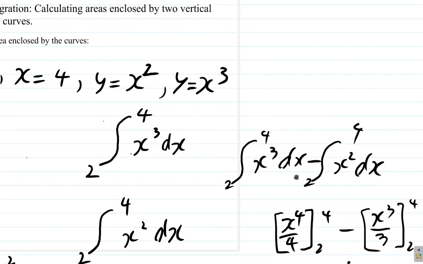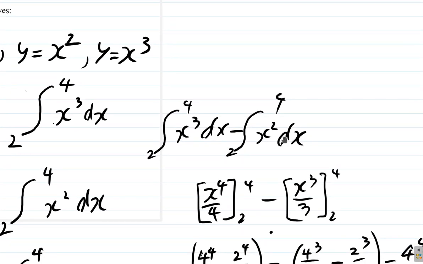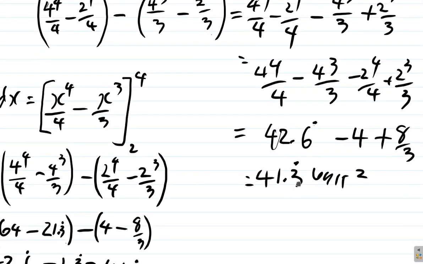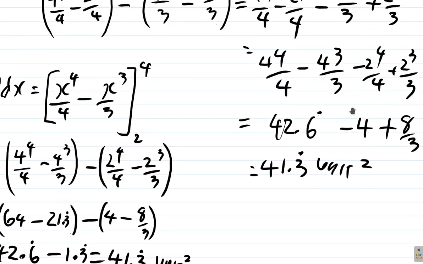Then do the integral from 2 to 4 of x squared dx, and then subtract them quickly to get the answer. Alright? But remember, even though I said quickly, you have to show all working, all steps.